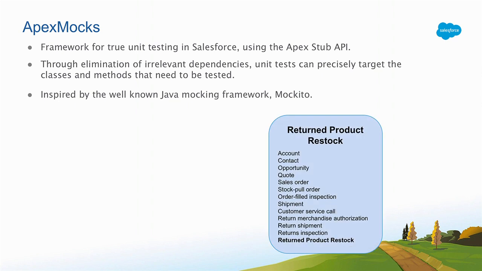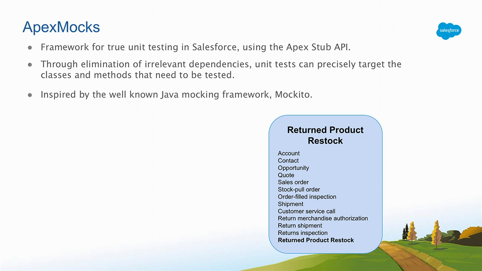Okay, how many people have a process like this, where I want to be able to test the return product restock operation that goes on down at the bottom. Well, for me to get there, all these layers depend on each other. I have to create an account, then I have to create a contact, and the contract is given to the opportunity functionality, and we start building. So if I want to test this, I've got to create all these items.